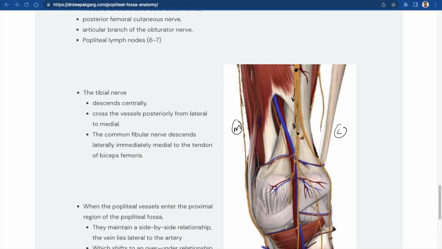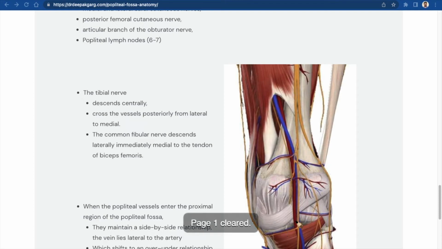So the nerve is lying lateral to the vessels on the proximal side, then it comes directly posterior to the vessels, and then it crosses the vessels and comes on the medial side. So the nerve is lying directly in the center, crossing the vessels from lateral to medial, proximally to distally. This is the relation of the nerve with the vessels.